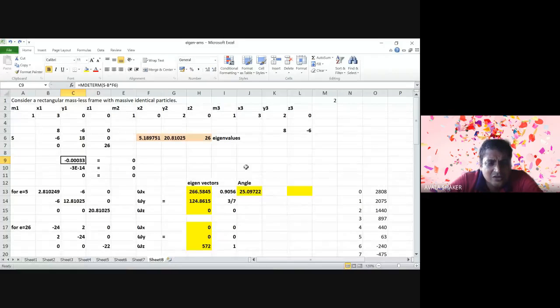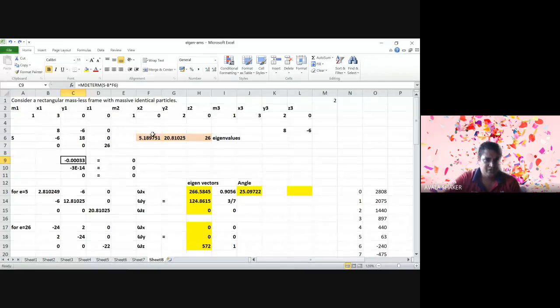Fine. So now our next job is, for these values of eigenvalues, we have to find omega x, omega y, omega z. Now when I use these values, the directions of omega x, omega y, so finally omega will be in the direction of your angular momentum.